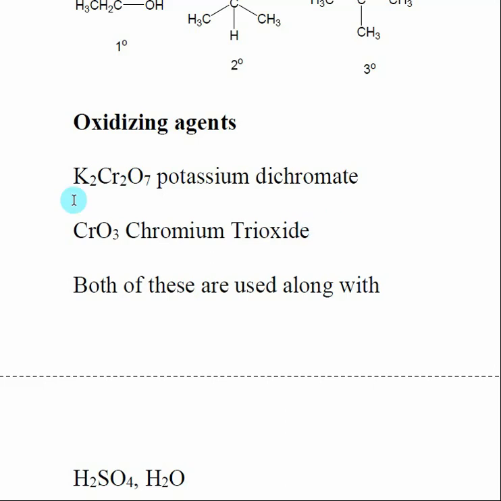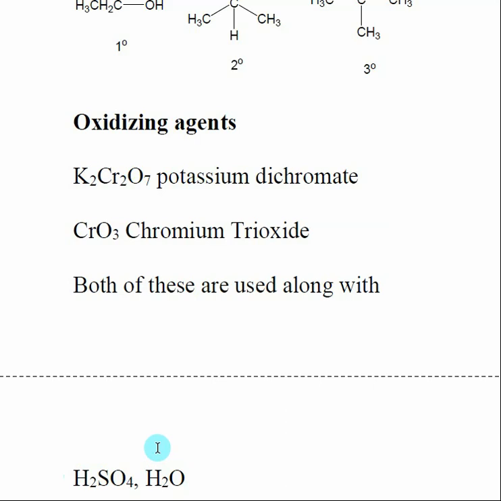And the two primary ones are called potassium dichromate and chromium trioxide. And what they do is they oxidize things. Both of them are used in conjunction with sulfuric acid and water. So you'll have like CrO3 plus H2SO4 and H2O.